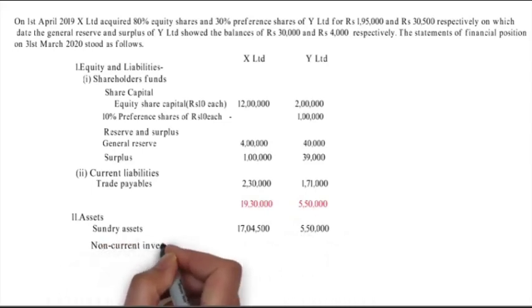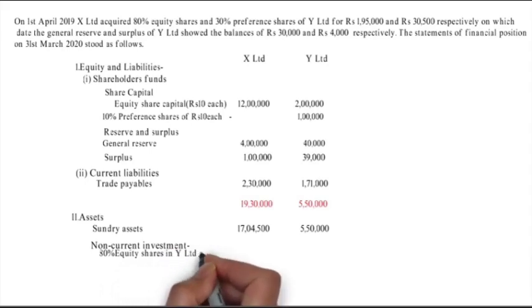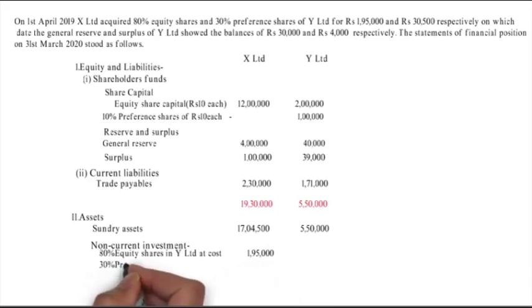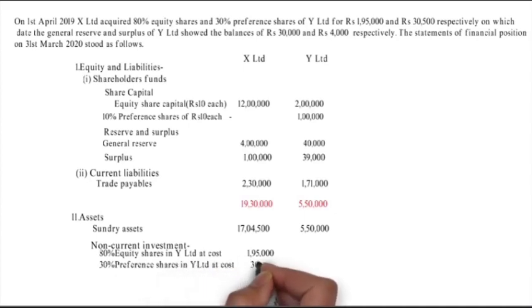Non-current investment, for X Limited only: 80% equity shares in Y Limited at cost, X Limited 1,95,000, 30% preference shares in Y Limited at cost for X Limited 30,500. The total assets X Limited 19,30,000, Y Limited 5,50,000.